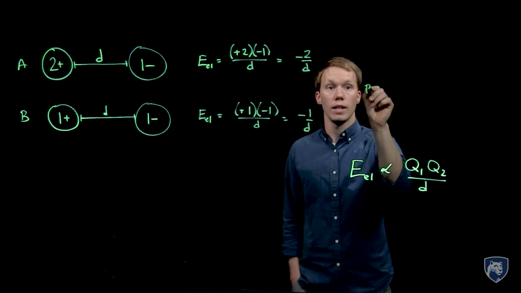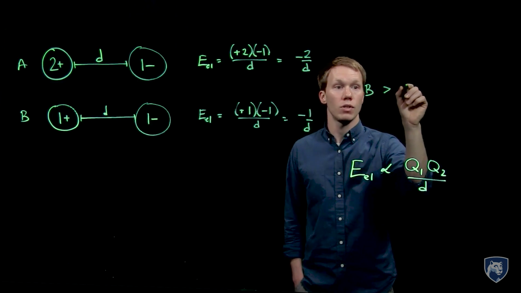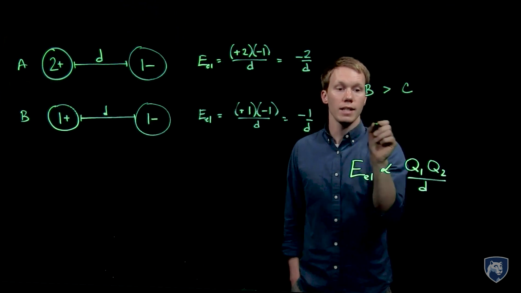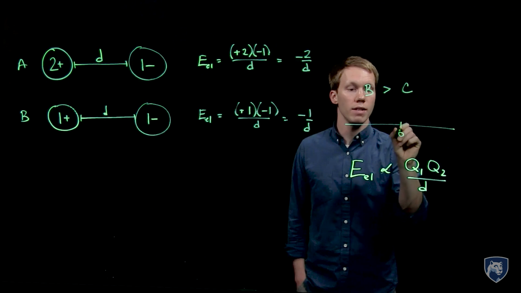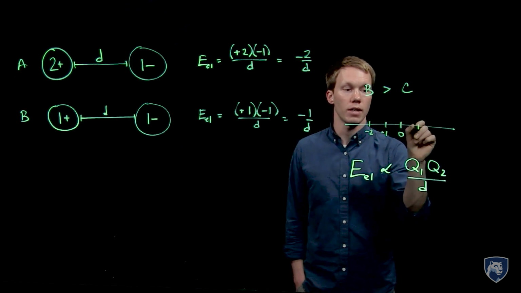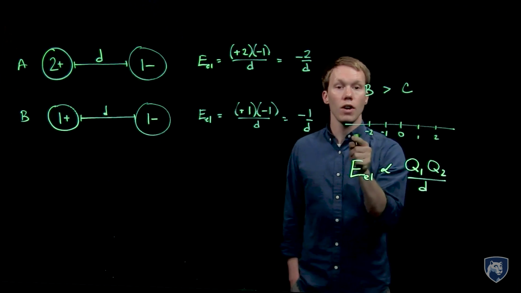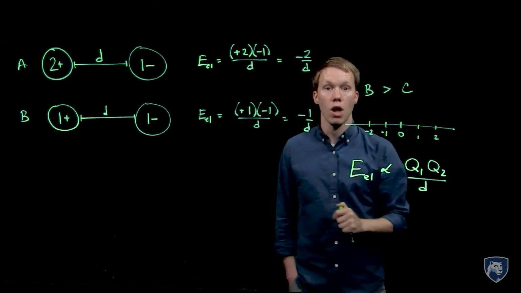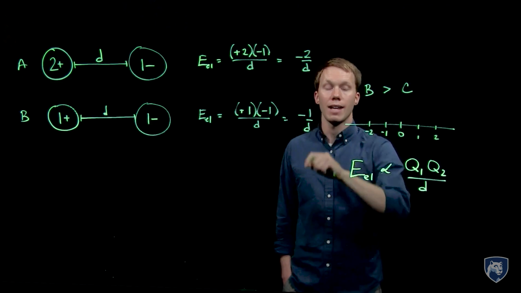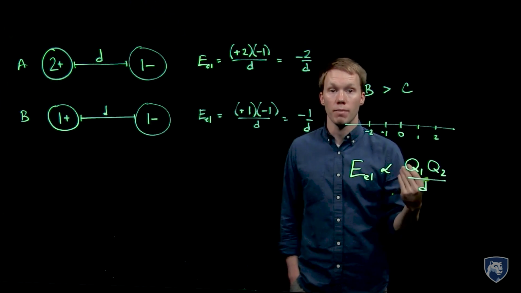Well, -1 over d is larger than -2 over d. Because think about a number line, right? If we have a number line and we're at 0, -1 is here, -2 is here. So we are farther from 0, indicating a smaller or a more negative number. So B actually has a higher electrostatic potential energy.